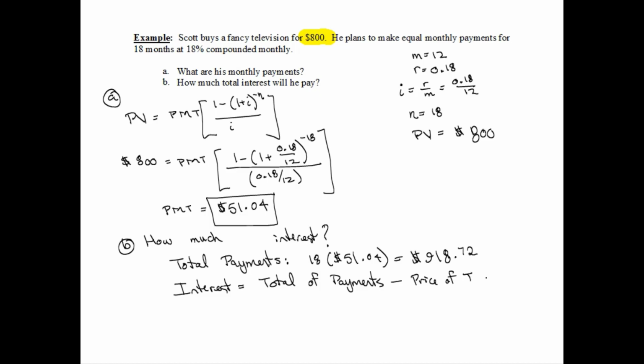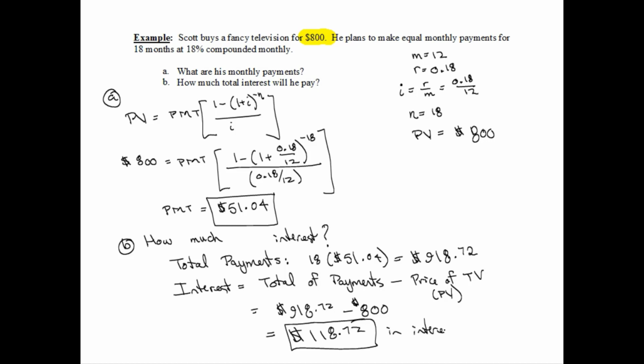But the initial price was $800. In other words, that is the present value. So we take $918.72 minus the $800, which was the actual price, and that gives me $118.72 in interest. That's how much interest was paid.